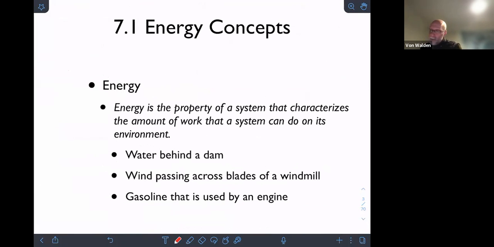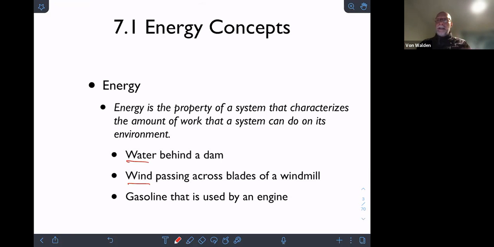So what is energy? It's a property of a system that characterizes the amount of work that a system can do on its environment. Some examples are the water behind a dam. It has potential energy, and that water can spill through a spillway at the bottom of the dam and turn a turbine, which can provide electricity. The wind passing across the blades of a windmill carries with it force.